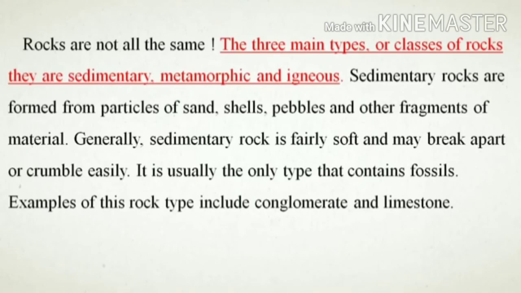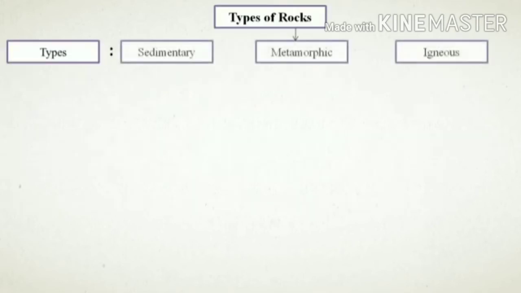See here, it has been mentioned in red ink that there are 3 types of rocks, and after that we have to mention what they are formed from, meaning what such types of rocks are made up of.